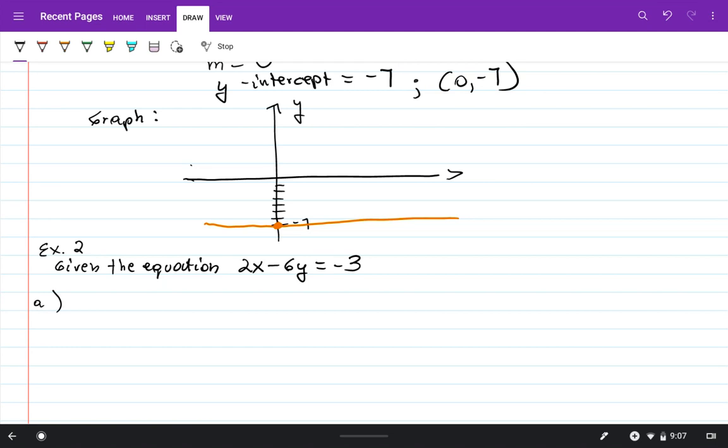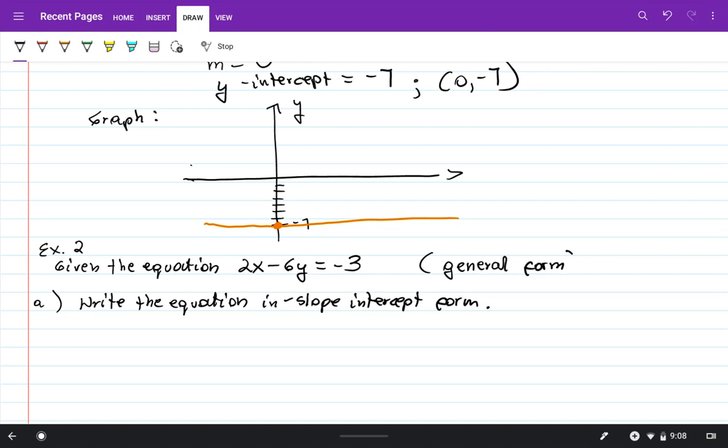I'm going to ask you to write the equation in slope-intercept form. Okay, so this equation, 2x minus 6y equal negative 3, is actually the general form of the straight line, ax plus by equals c.